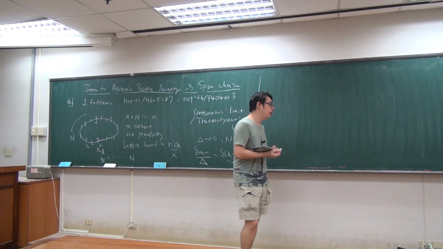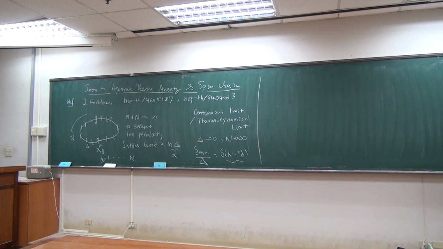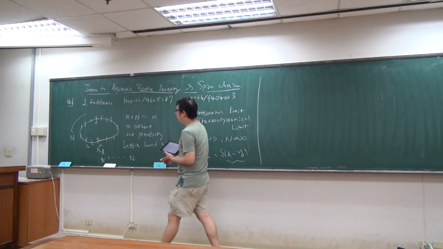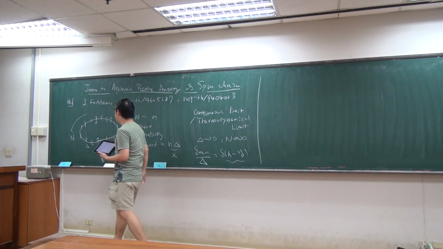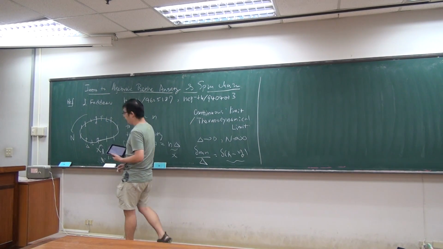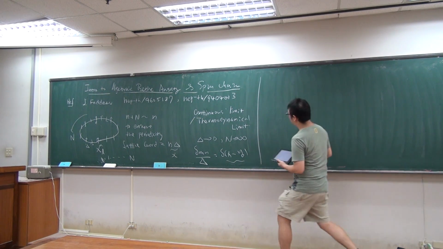Like the momentum operator, the angular momentum operator, position operator, and so on. So what we are really interested in is trying to study the algebra among those different quantum mechanical operators.